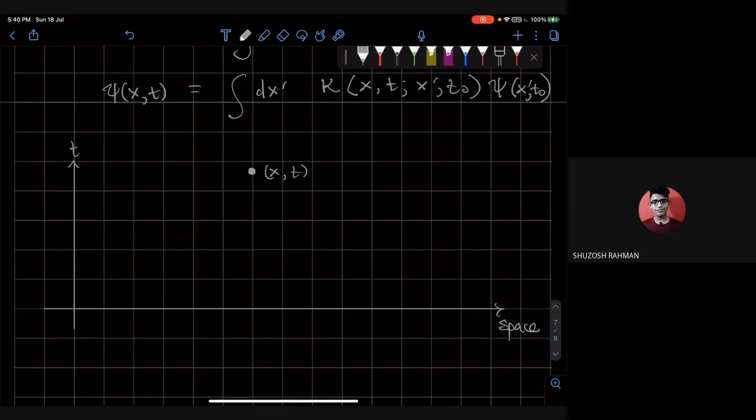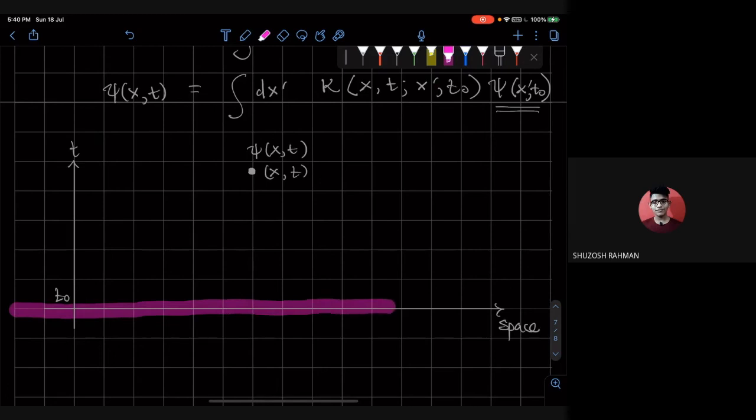We want to find out what the wave function is at this point. Then what this equation is saying is that we need to know the wave function at an earlier time, say t0, over all of space. We need to know it at the earlier time at all of space. And then we need to know this function.